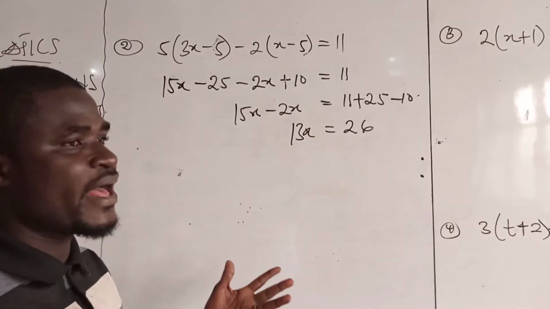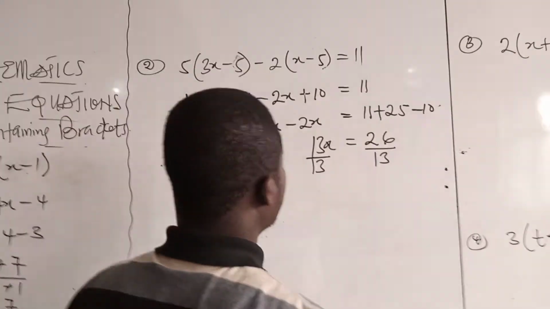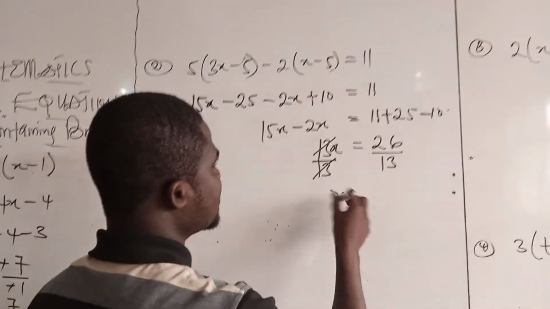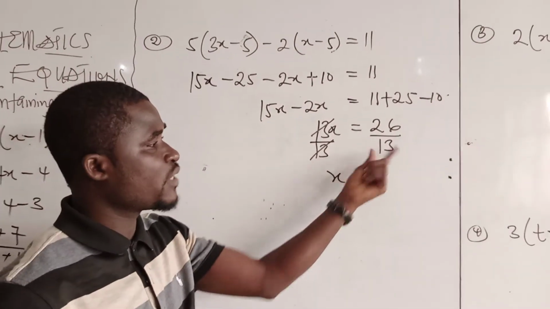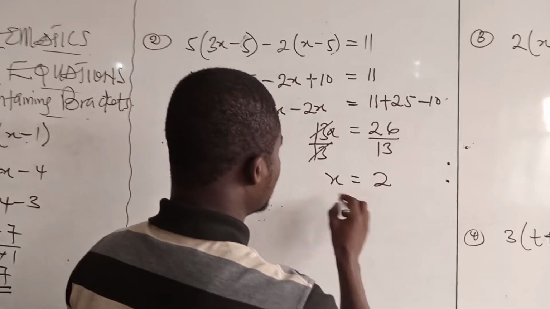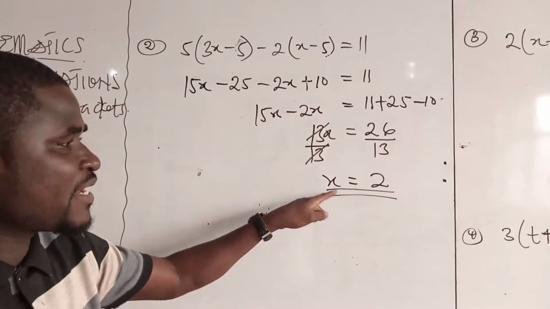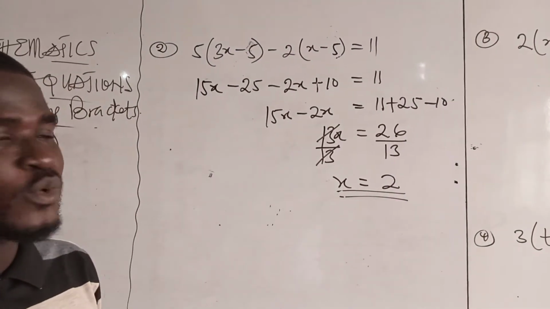So we're going to divide both sides by 13. 13 here, 13 here. 13 will cancel 13. You're going to have x. 26 divided by 13 will give us 2. Good. So this is our final answer. I hope you can represent this on your number line. Good. Try your hands, okay?